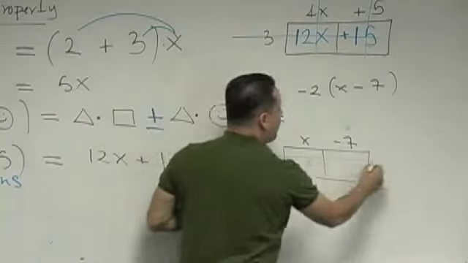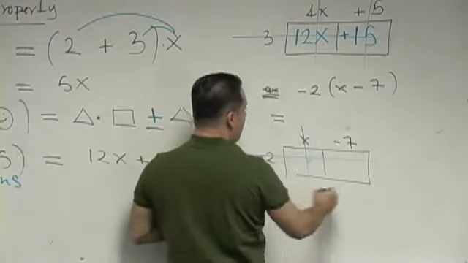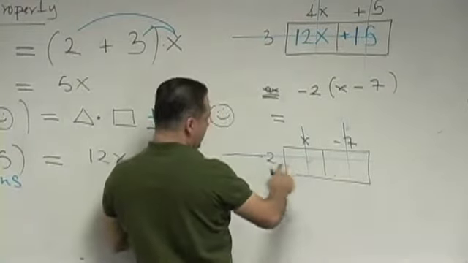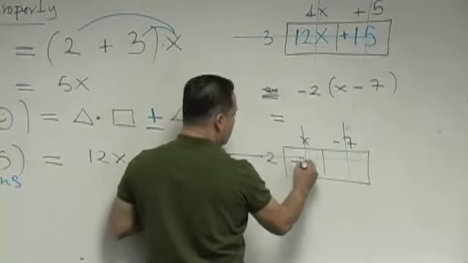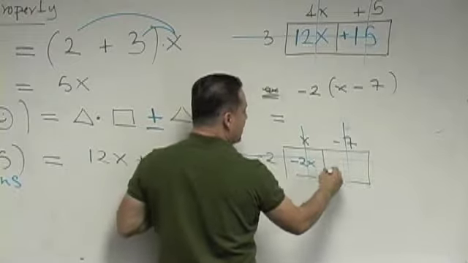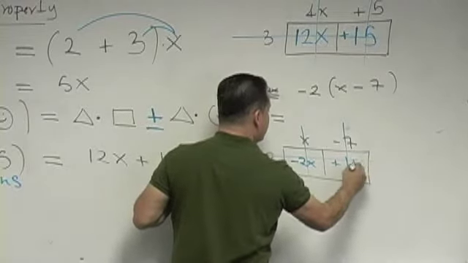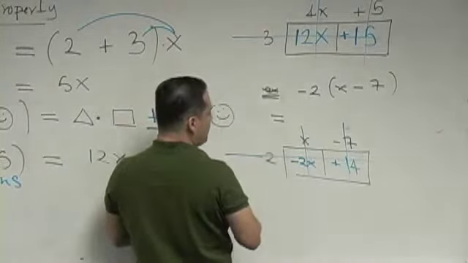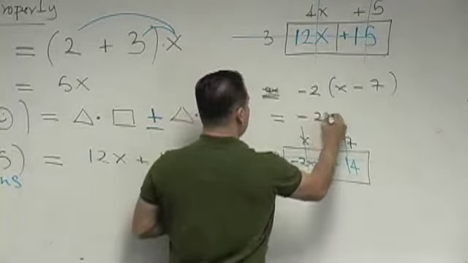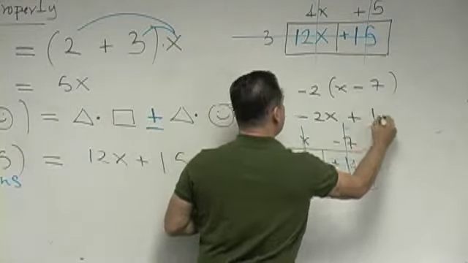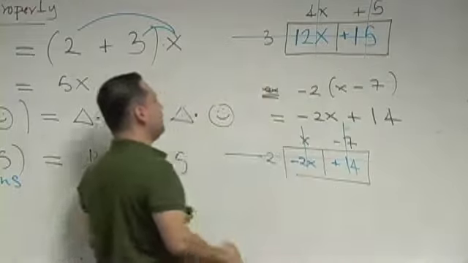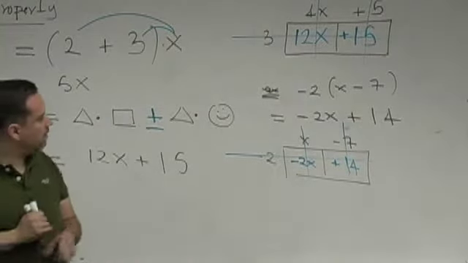Take the negative 2 row, multiply it to x. The negative 2 row, multiply it to negative 7. Negative 2 times x is? Negative 2 times negative 7 is? So what's the answer? It's negative 2x plus 14.